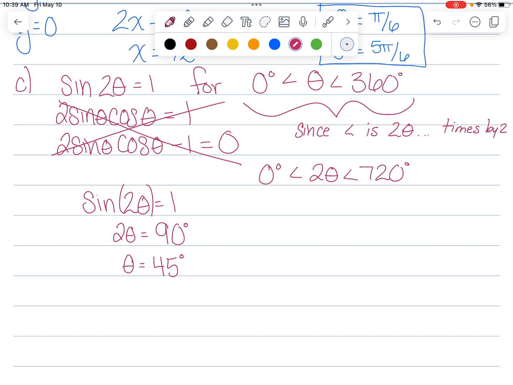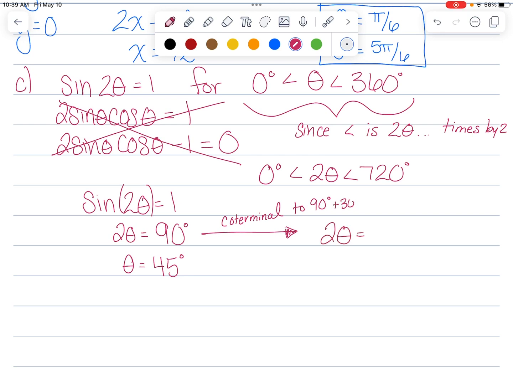Now sine is 1 only at 90 degrees on the unit circle, but between 0 and 720, I can do coterminal. But when I do the coterminal, I have to do it to the 90 degrees, because that's the one where I was saying sine is equal to 1. Not the 45. The 45 was my final answer.